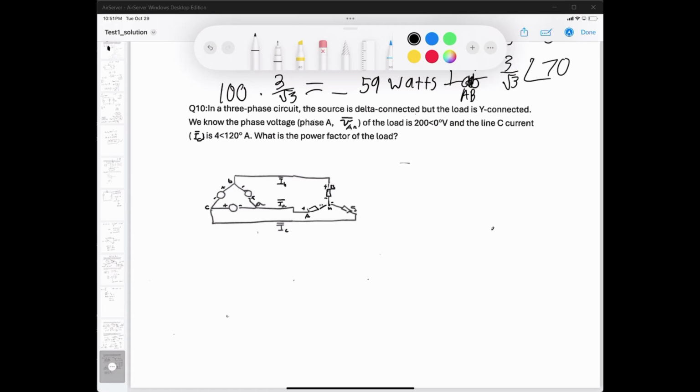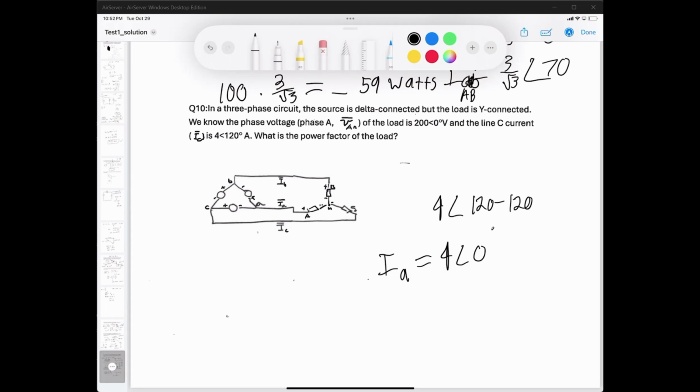Minus 120. So that will be line A, right? And now let's convert to phase current.